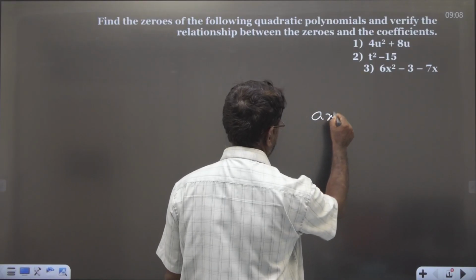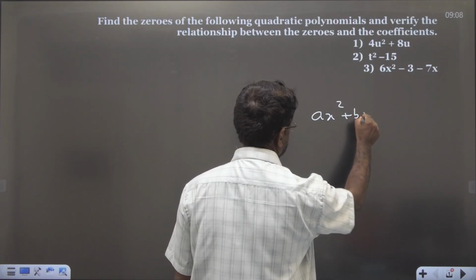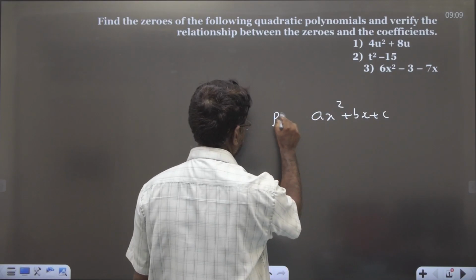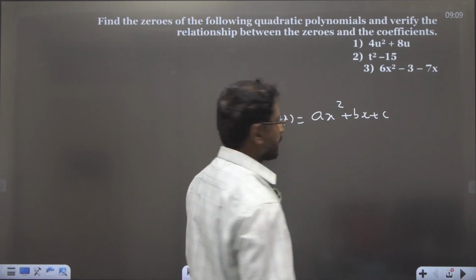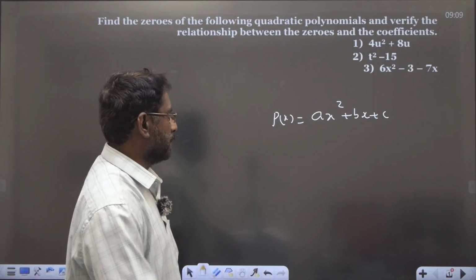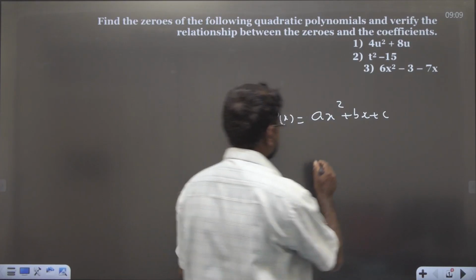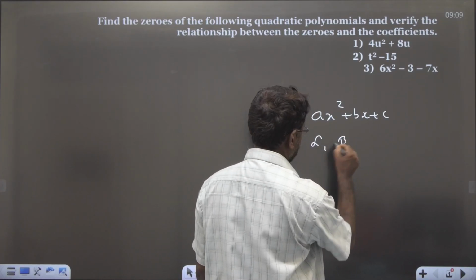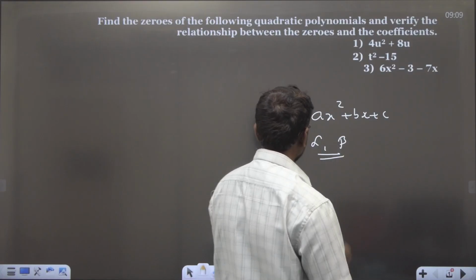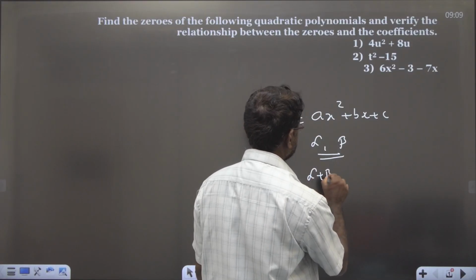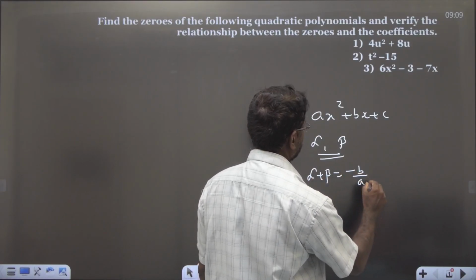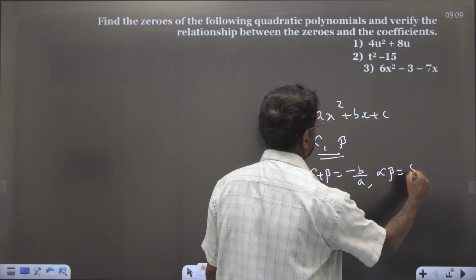A polynomial of the form p of x equal to ax square plus bx plus c, that means a second degree polynomial. What are the properties of a second degree polynomial? Suppose alpha, beta are the zeros of the polynomial, then alpha plus beta equal to minus b by a, alpha beta equal to c by a.